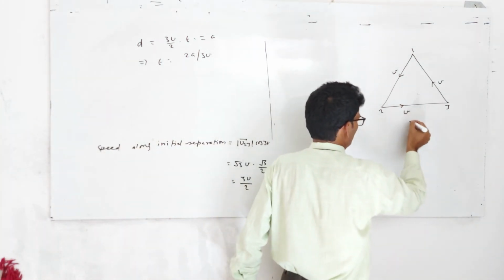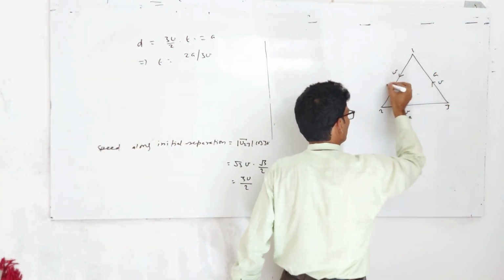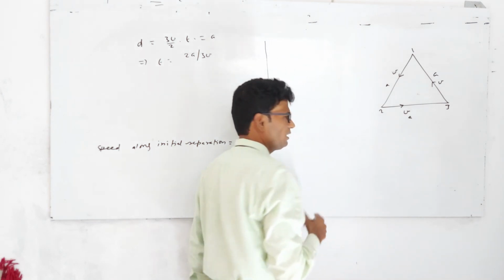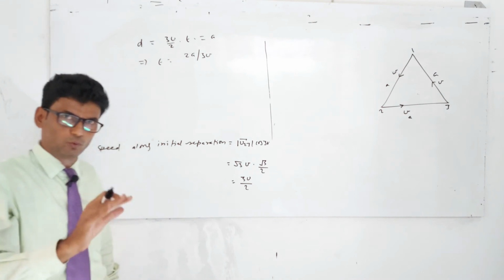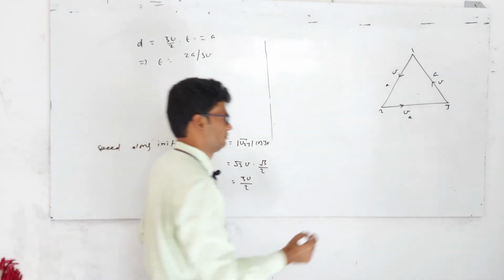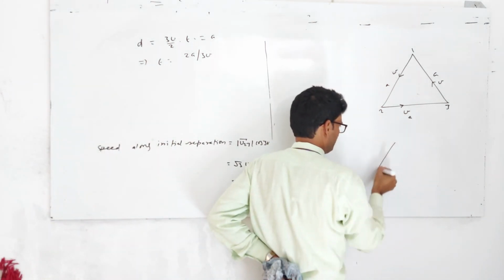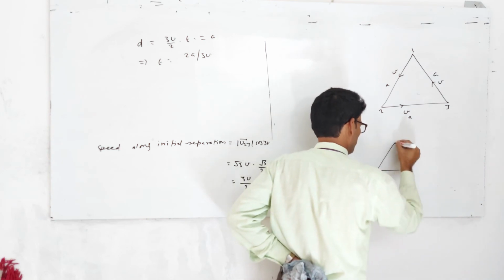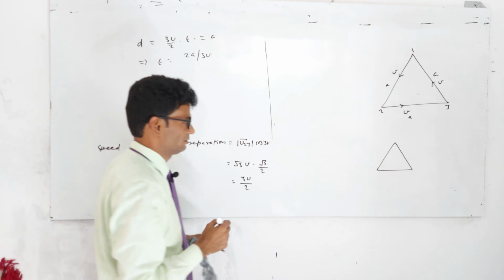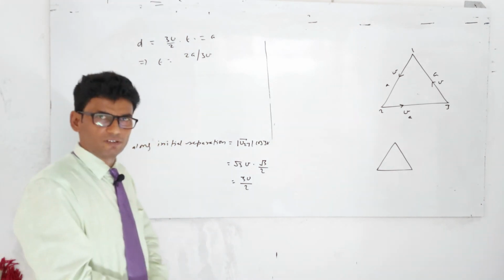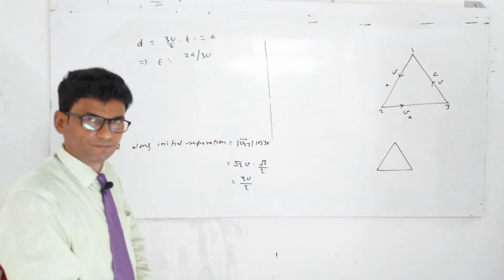So the initial separation is side A. Say at any time t, but it must be less than 2A over 3V, the side has reduced to some later time t.